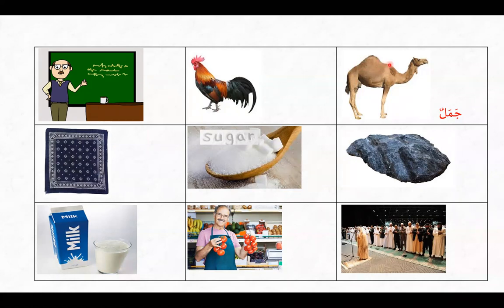Everybody went for Hajj, and on the day of Arafah everyone wants to go to the Jabal. So the word Jabal with a ba is mountain, and just remember the meem is camel, Jamal.